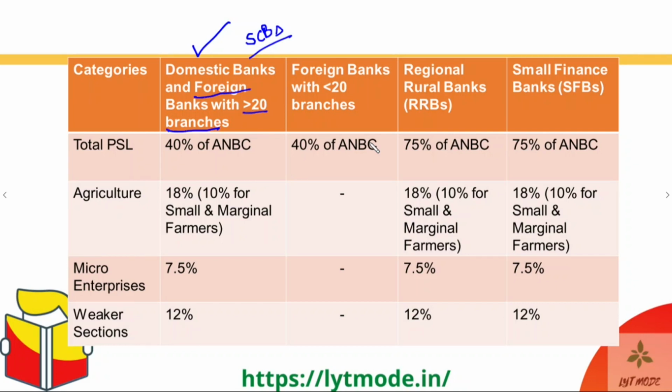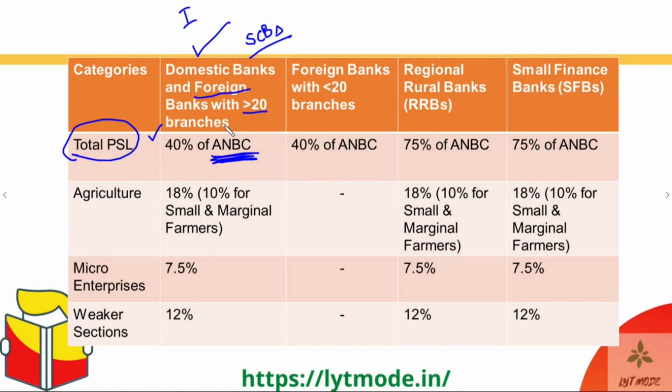All of these fall under the first category, or category 1, I'll call it. And in this category, the total PSL targets are 40% of ANBCs. ANBCs stand for Adjusted Net Bank Credit.